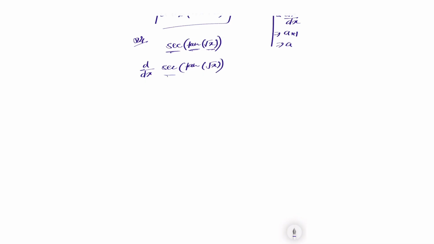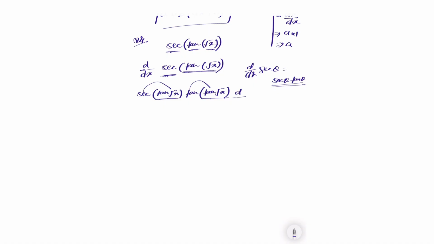So d/dx of sec, already learned. d/dx of sec theta is equal to, very good, sec theta tan theta. Apply here. It will become sec theta, place tan root x. So sec(tan root x) tan(root x). Simple. This is the place of theta. So d/dx of sec is sec theta into tan theta.